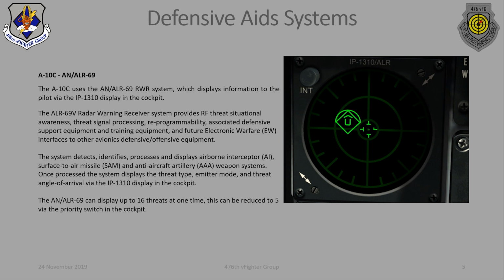In DCS we can't do that, so quite often you'll find you've got an RWR scope filled with search radars, and it drops off things that are actually able to shoot at you because of the prioritization issues.